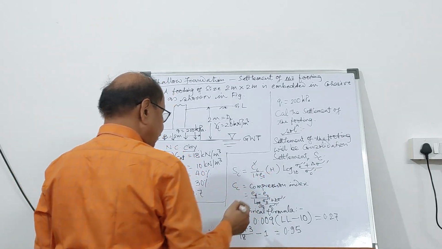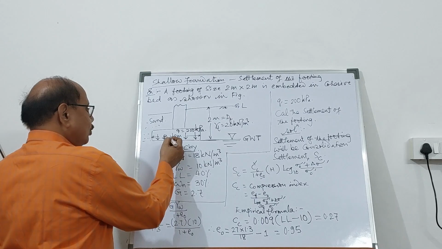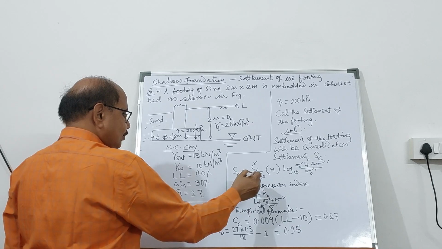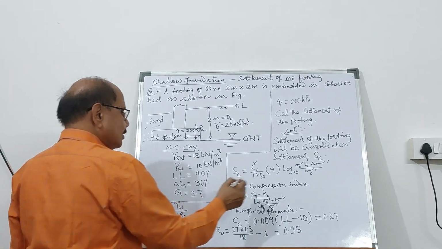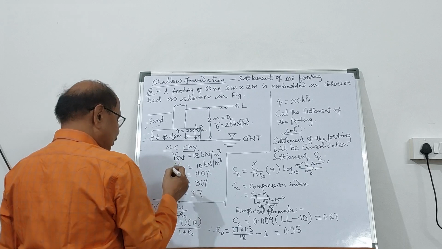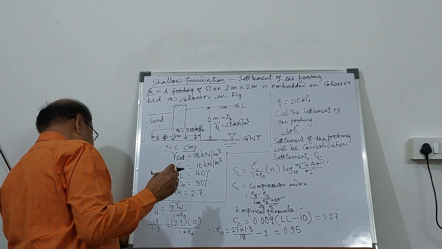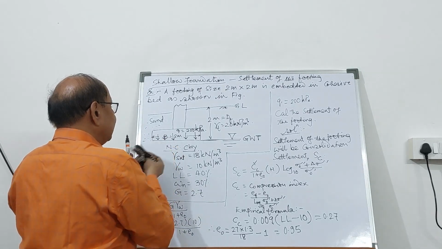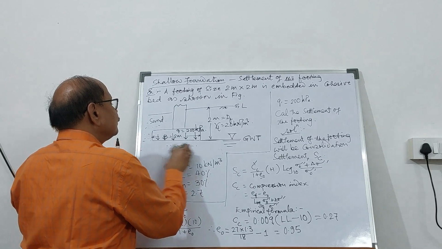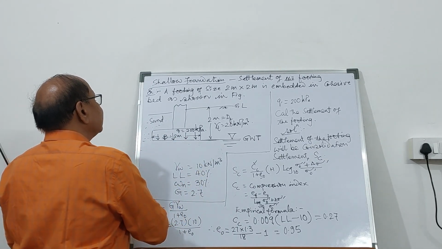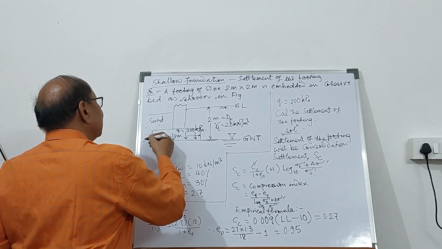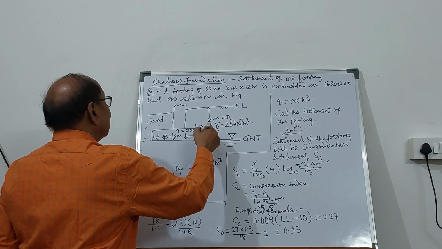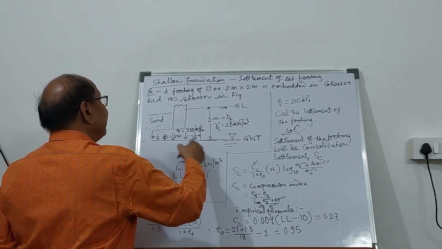Now what is H? Below the loading, what is the depth of influence, that is H. H will be the depth in which the load will be felt, in a zone where 10% of Q, that is 0.1 times Q, is going to be felt.